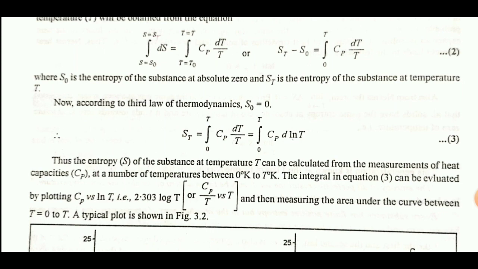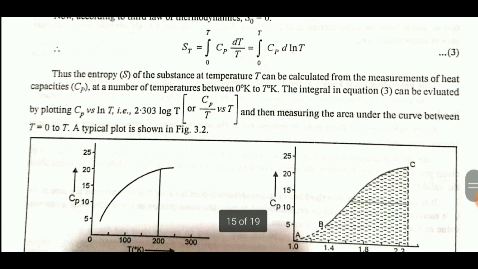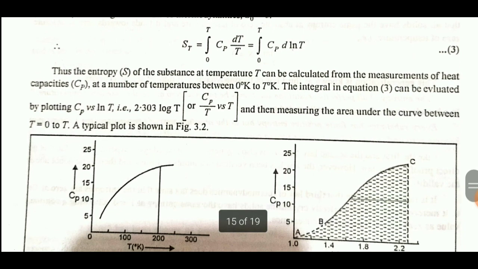Therefore, St is equal to the integration from 0 to T of Cp d ln T. Thus, the entropy S of the substance at temperature T can be calculated from the measurement of heat capacities at a number of temperatures between 0 K to T K.